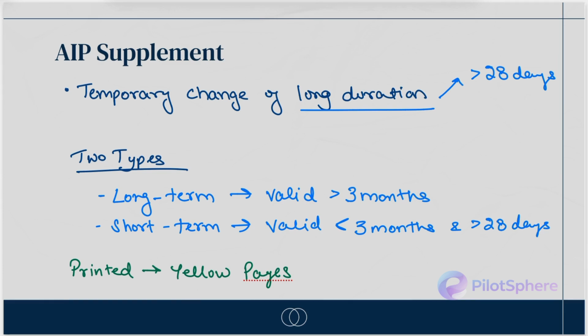Therefore, when you look at the binder, you will see a bunch of white pages which are amendments or permanent information already established. And you will see many yellow pages in there. The yellow pages are there to indicate that this is a supplement and it is only a temporary change, meaning it will expire eventually.